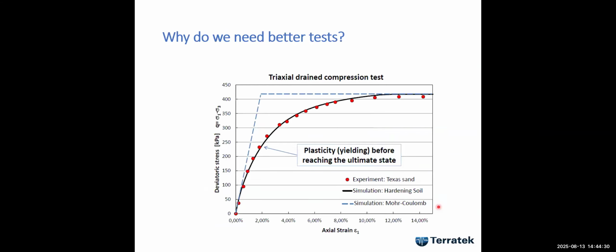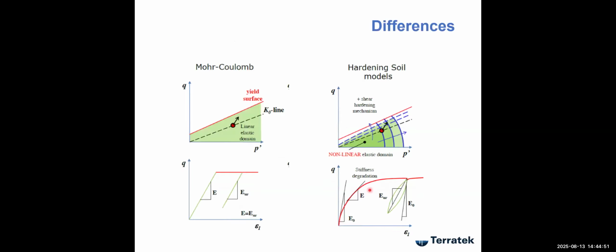And why do we need better tests? One of the reasons is to get this curve, which is not very far from a hyperbolic model, okay? And later on, Plaxis came not only with a Mohr-Coulomb model, but with a hardening soil model. And this was a major advantage in Plaxis.